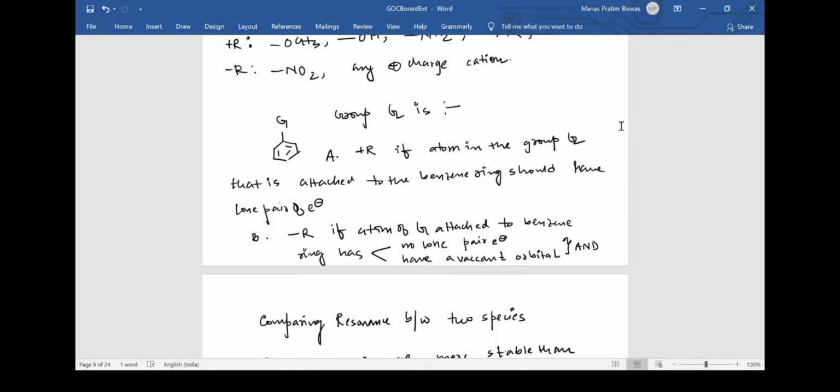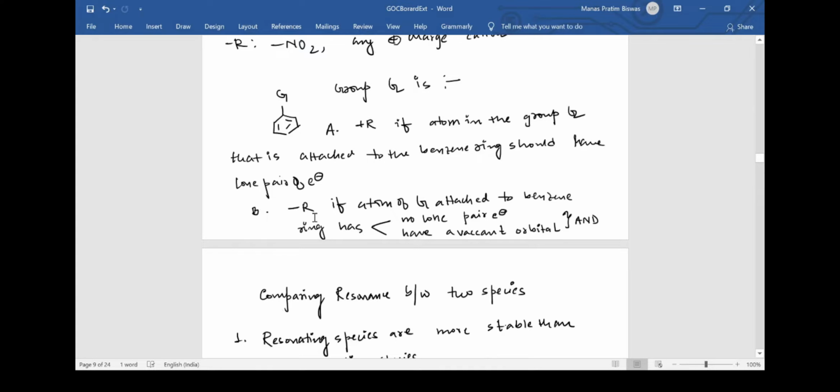This is very important so that the benzene ring can give electrons to the group G. It is important that it should not have a lone pair, because if it already has a lone pair, then the benzene ring cannot give away the electron cloud to the group. Now if it doesn't have a lone pair and it also has a vacant orbital where it can accept the electron pairs, then the benzene ring can donate the electrons to the group, and hence the group will be a minus R group.